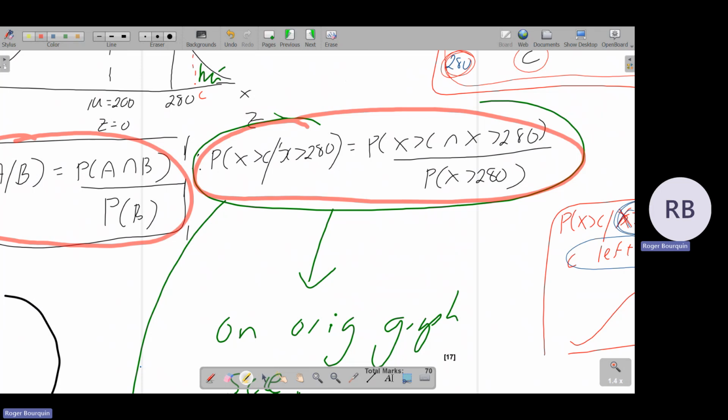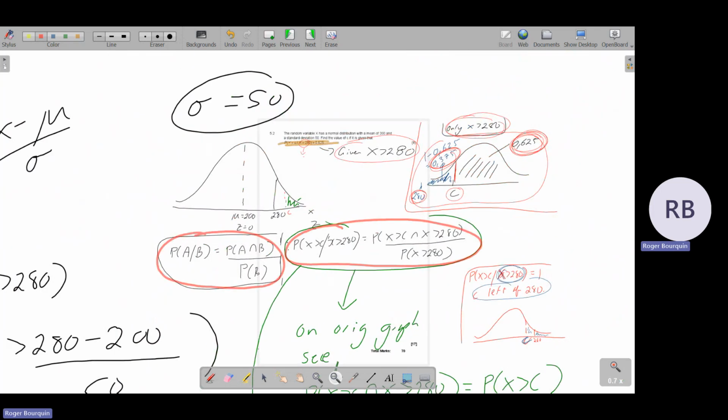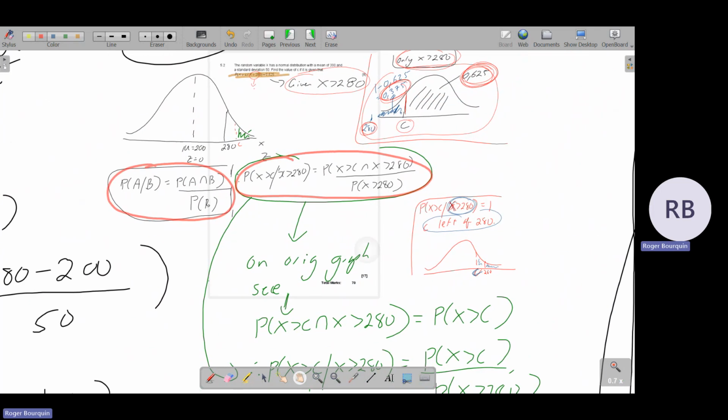Now this is probably where the biggest mistake was; a lot of you got to that stage and then got confused. The trick is this.